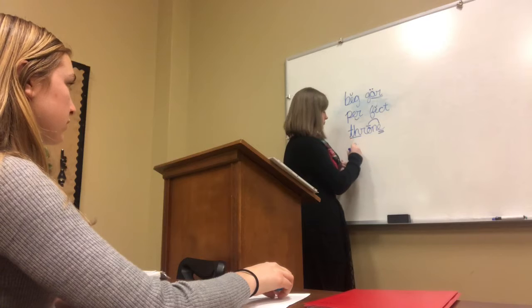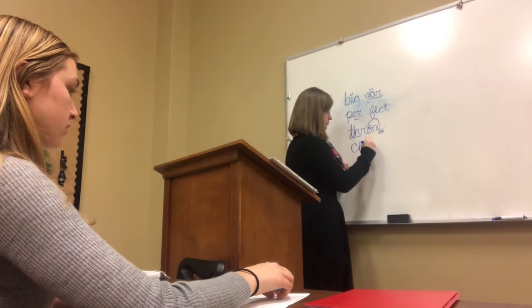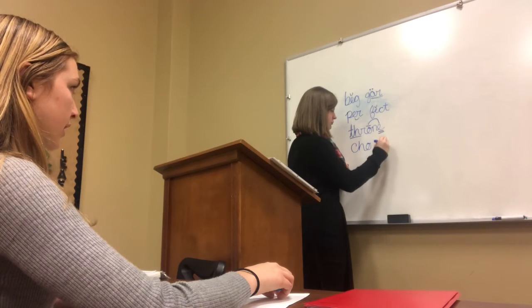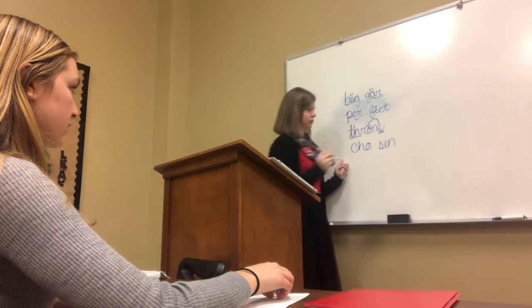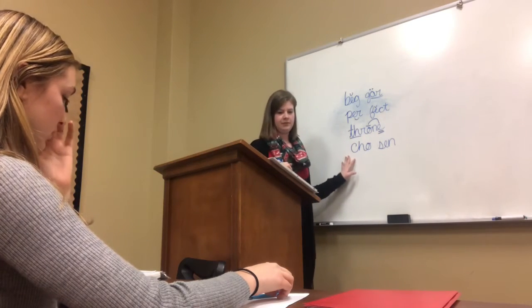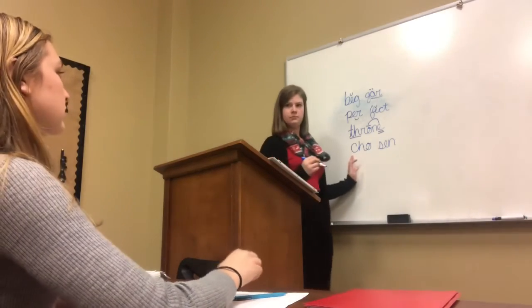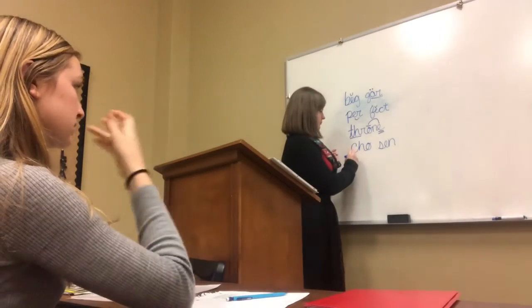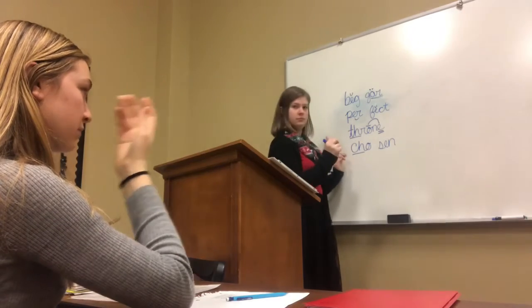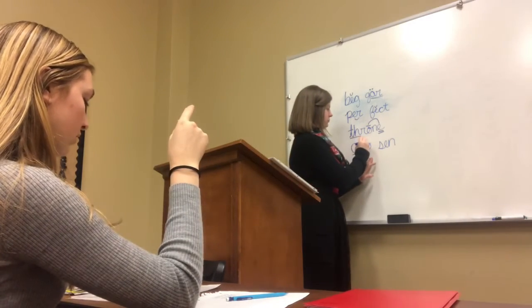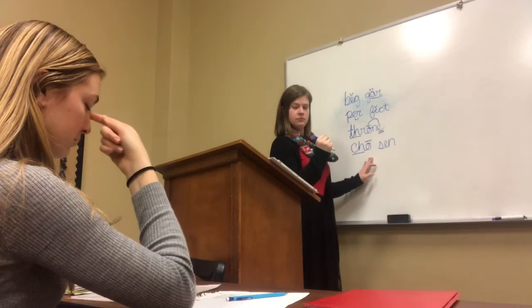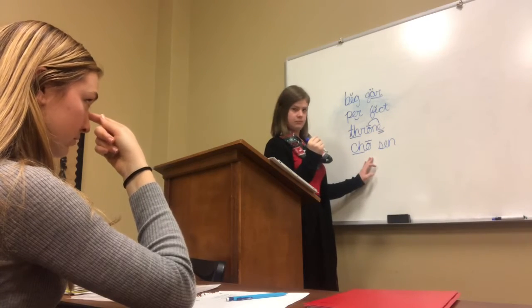Ch, o, z, n. Great. Does your word look like my word? Yes. Great. So now we're going to code it. So where do we start? We underline the ch because it's a grapheme. Perfect. And then we put a macron over the O because of the V1 rule. Perfect.